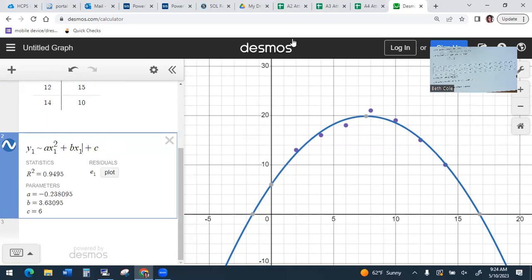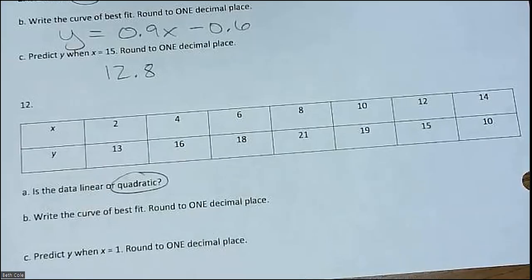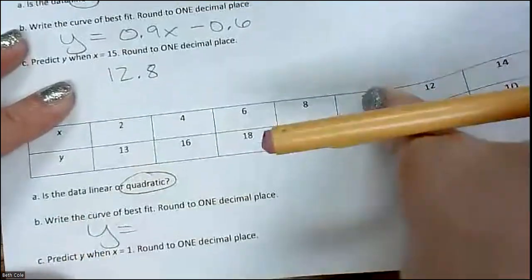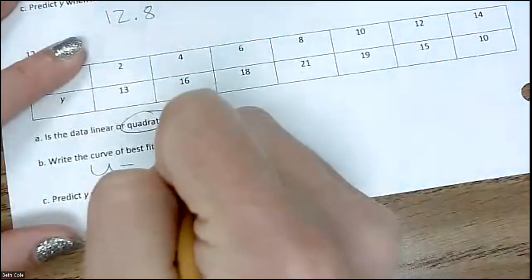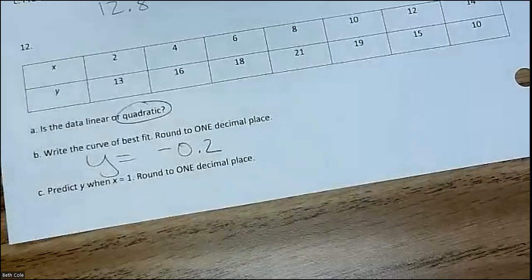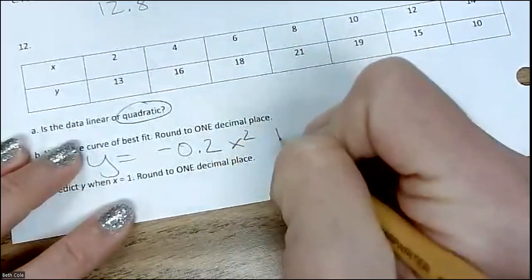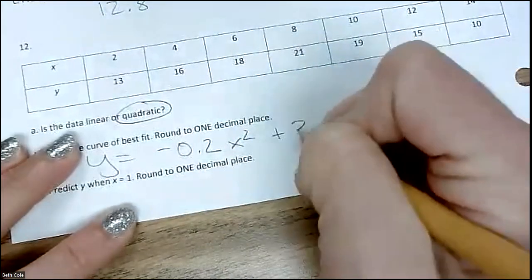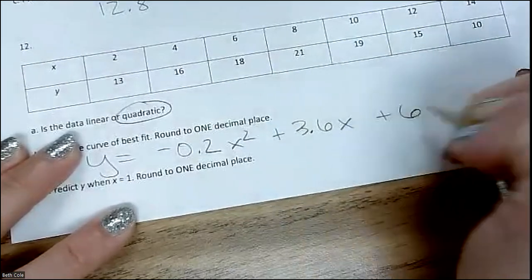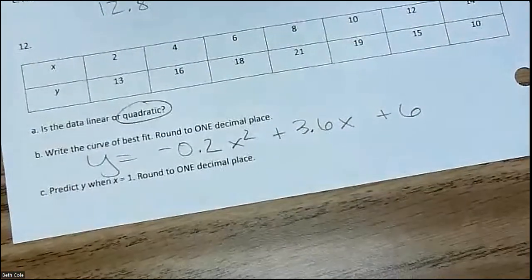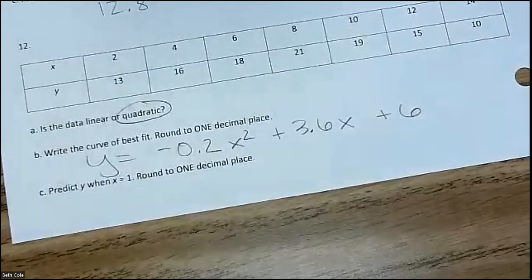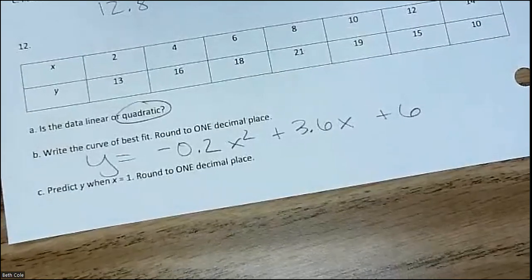And I'm going to go back to the paper and we're going to just write that down. Y equals negative 0.2 what? Good, x squared plus 3.6x plus 6. It's an x squared, an x, and a number, A, B, C. That's not that hard, okay?